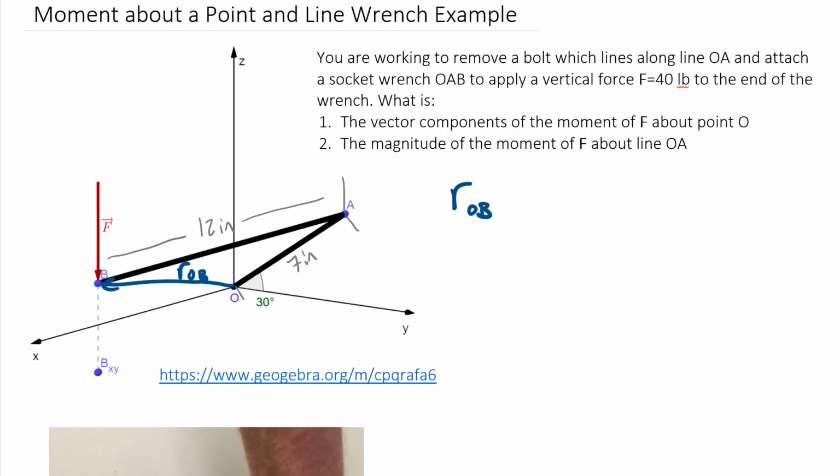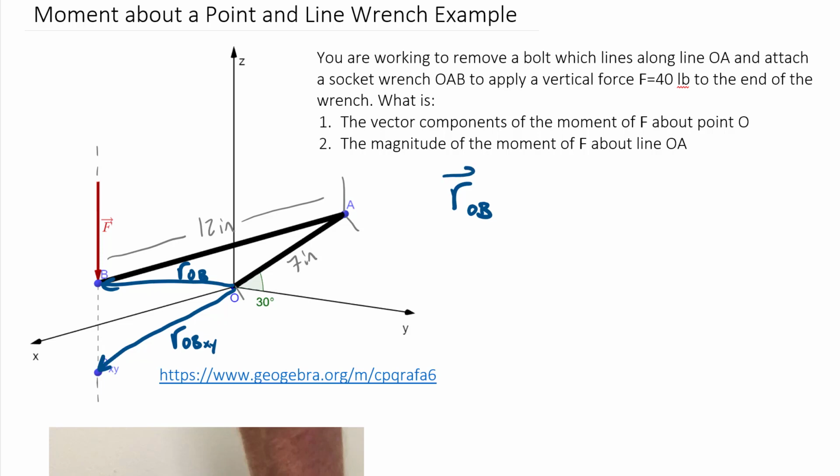Technically, we could get the exact same answer if we picked a different position vector, one going from O to B_xy. Sorry for the double subscript, but we said we have to pick from our point of interest to a point on the line of action of this force. B_xy is basically the x and y components of point B, where the z value would be 0. I'm going to go ahead and use r_OB.